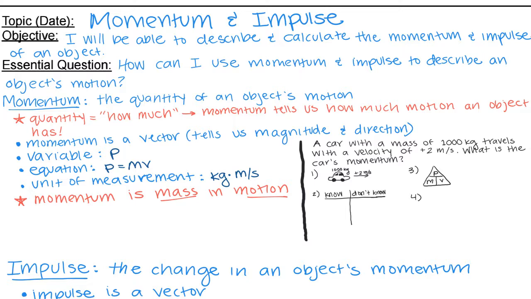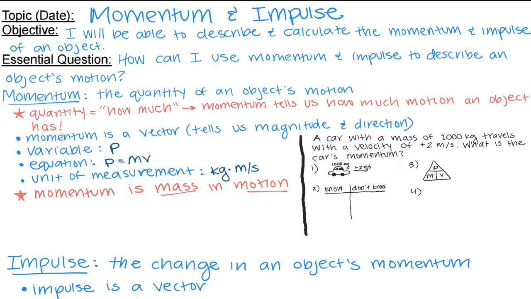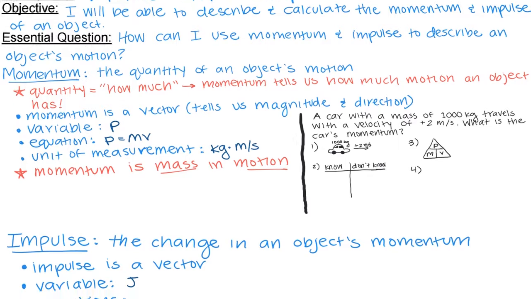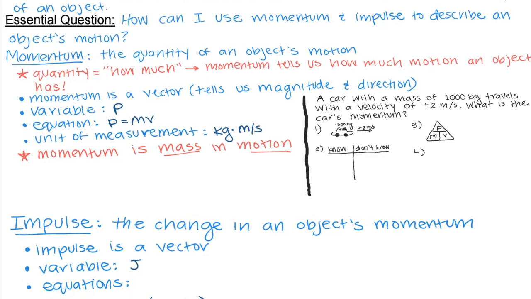Once you finish your notes, you should read through them again and then try to answer this essential question in your summary at the bottom of your notes. And please remember to include your summary. It's very important to learning, to be able to summarize what you learned.